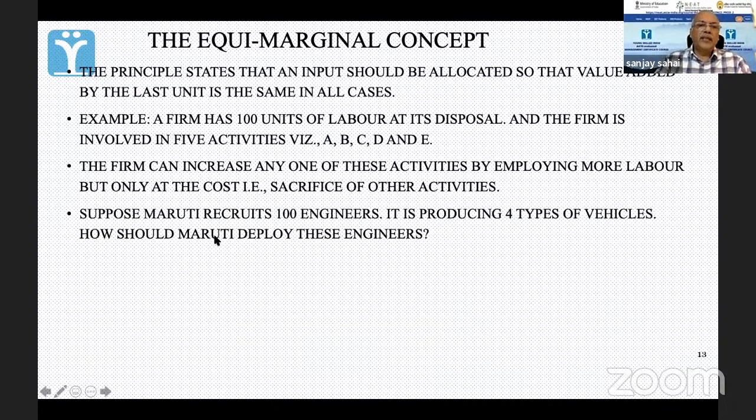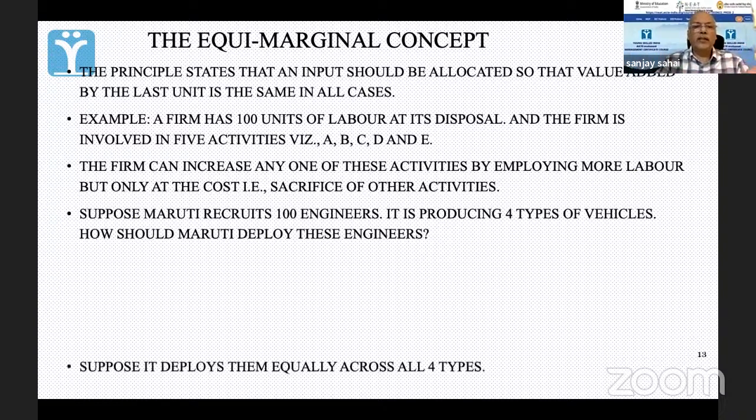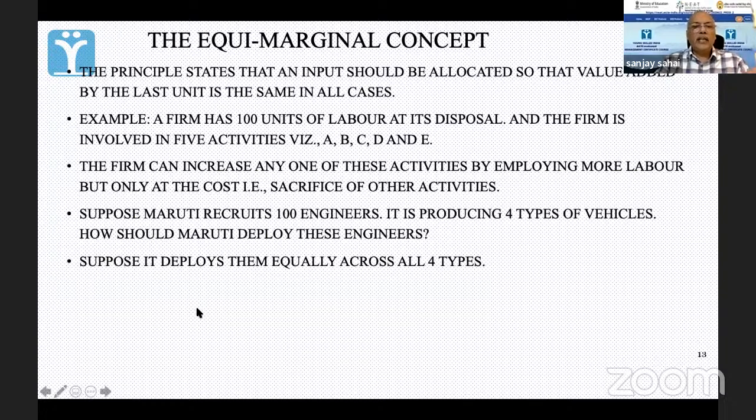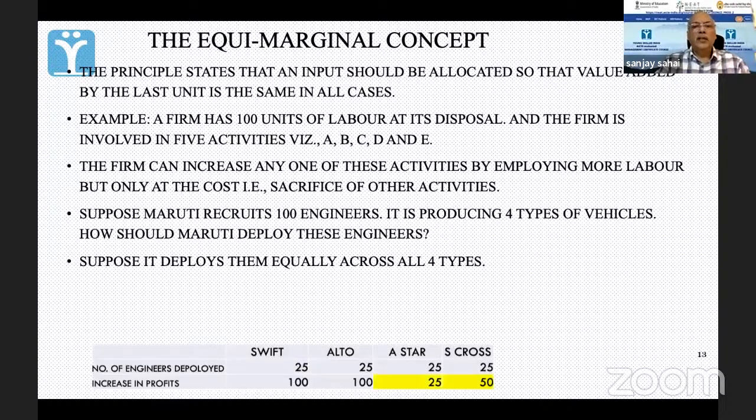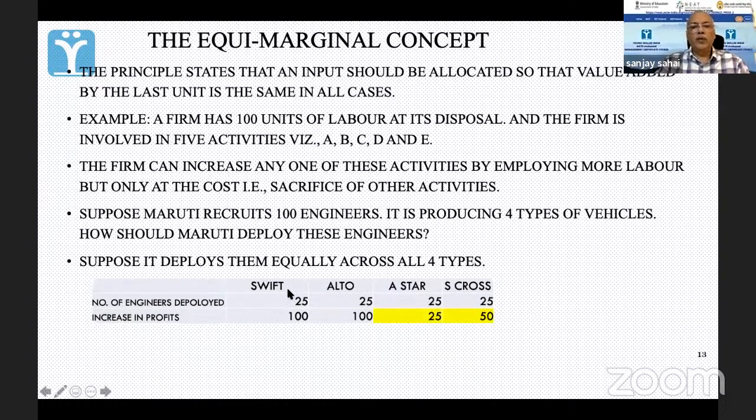So let's take an example like this. Let's say Maruti recruits 100 engineers, and it's producing 4 types of vehicles. How should Maruti deploy these engineers? Let's say it decides to deploy them equally across all 4 types of products: one is the Swift, one is the Alto, one is the A-Star, and one is the S-Cross.